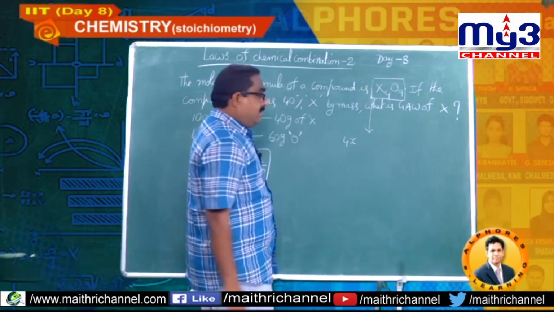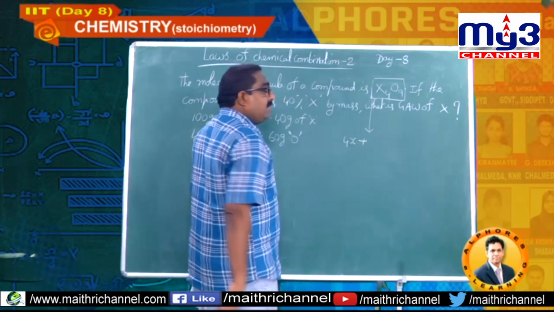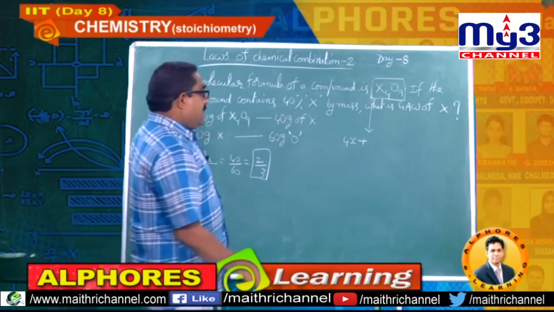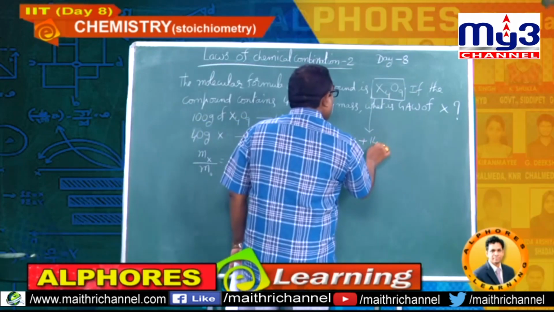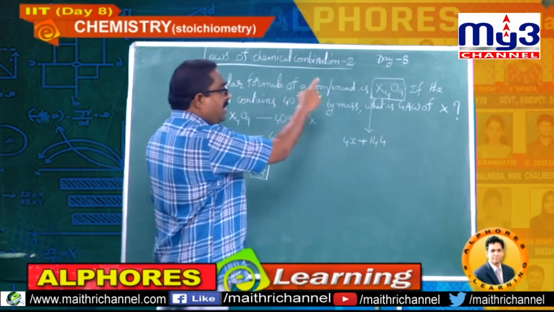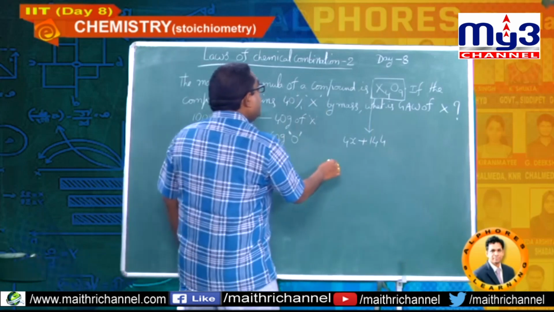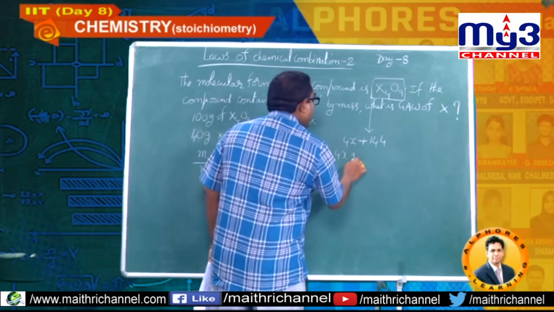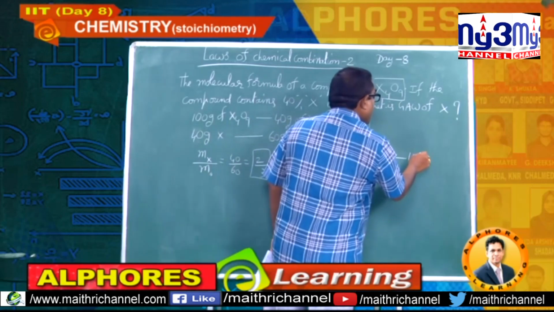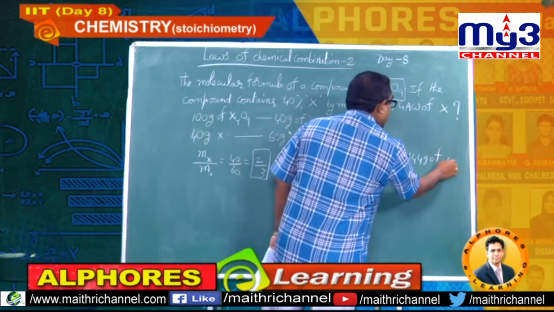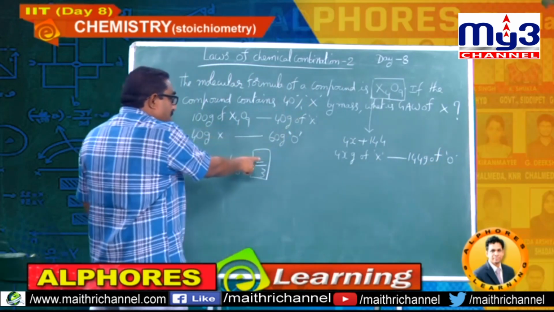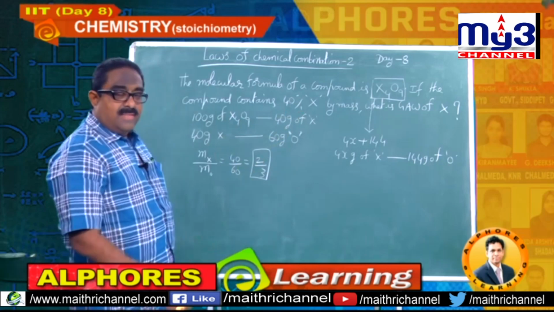4x plus 9 into atomic weight of oxygen 16. 9 16s are 144. That is the total molar mass of that compound. So for this we can write 4x grams of X present along with 144 grams of oxygen. That ratio also should be same as 2:3.